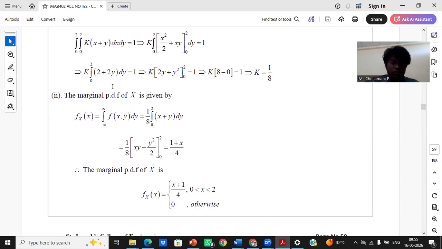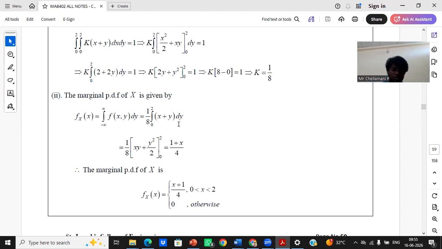Next, we are going to see the second subdivision. The marginal probability density function of x is given by f of x is equal to the integral from minus infinity to infinity of f of x, y dy. Here f of x, y is 1 by 8 of x plus y, and the limit is 0 to 2.